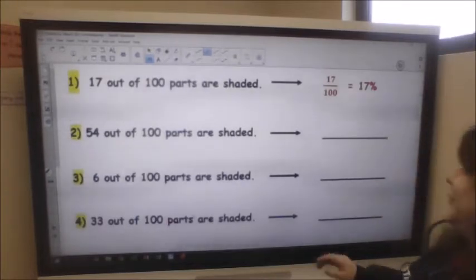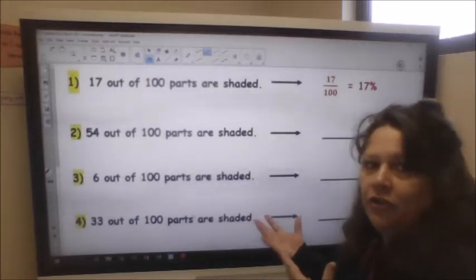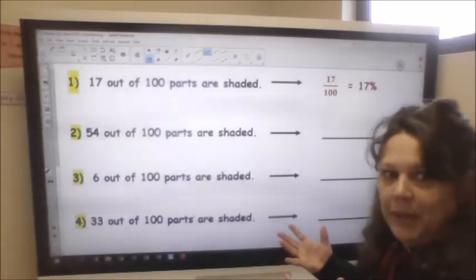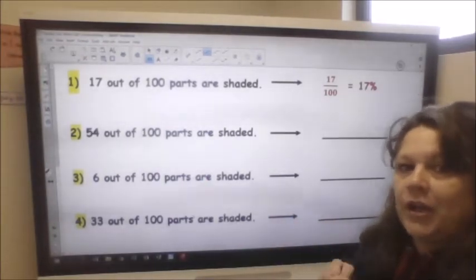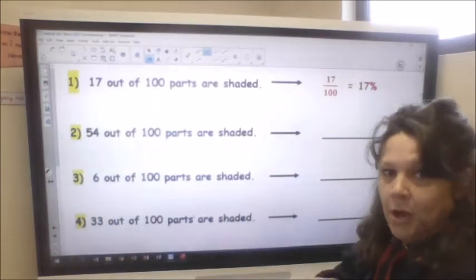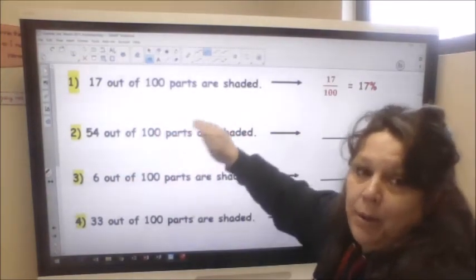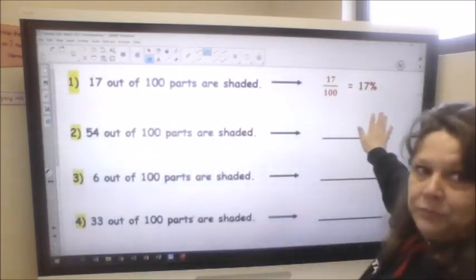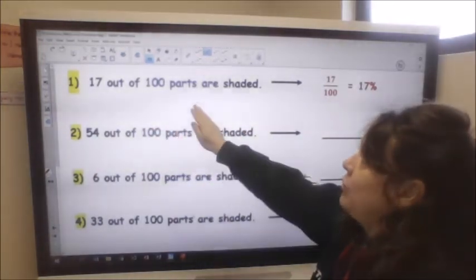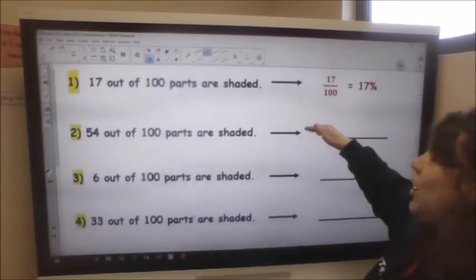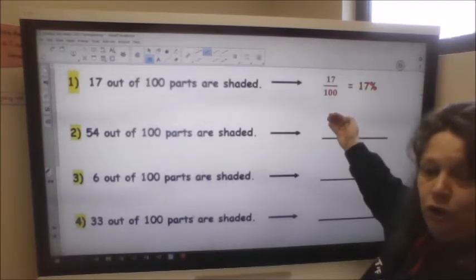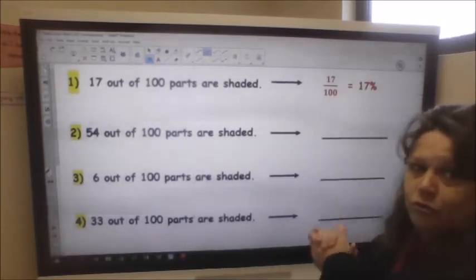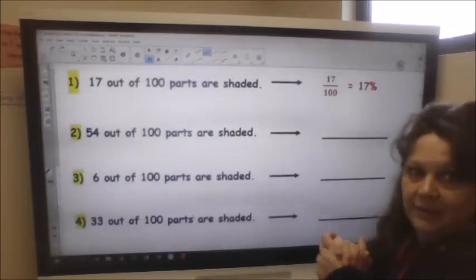Now, we're going to just expand on that a little bit. This time, I've not given you the diagram, but I've told you how many parts are shaded. If you have a look at the example, we've got 17 out of 100 parts shaded. That means 17 over 100, 17 out of 100, which equals 17%.